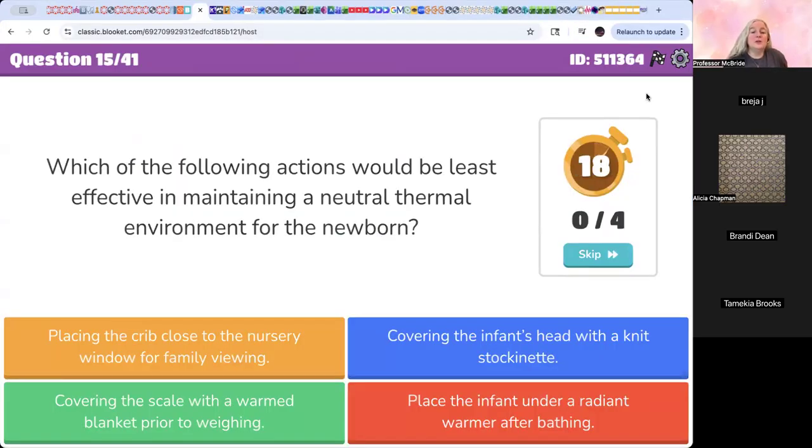Which of the following actions would be least effective in maintaining a neutral thermal environment for the newborn? So which is least effective?